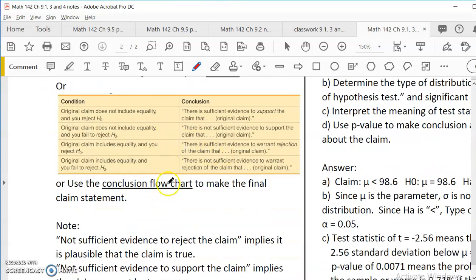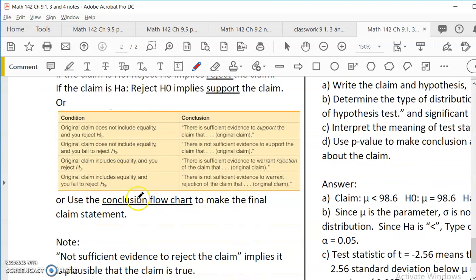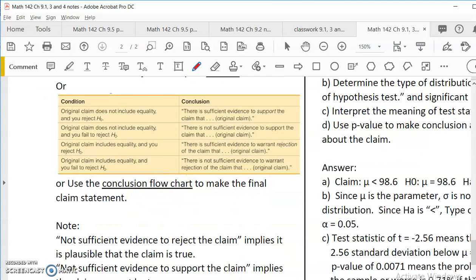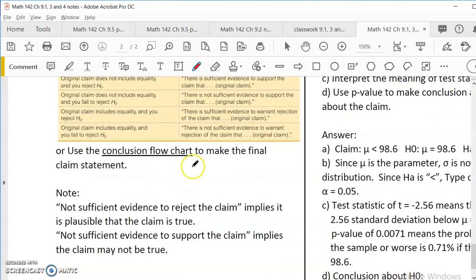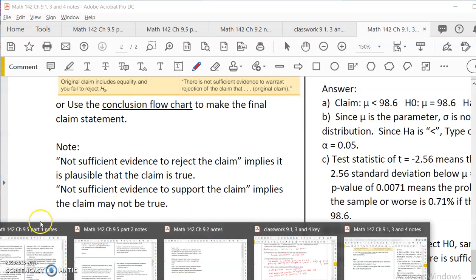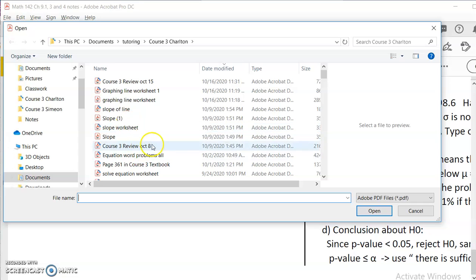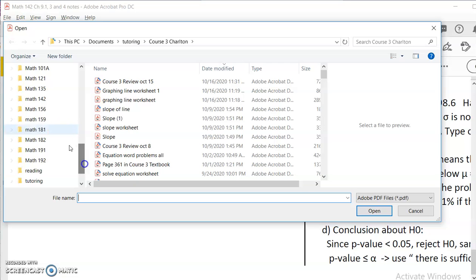The wordings in the conclusion can also be read out from a flow chart. The flow chart is based on what you have done in the whole process. Let me open up the flow chart. When we do the example, we will just follow along and use it.